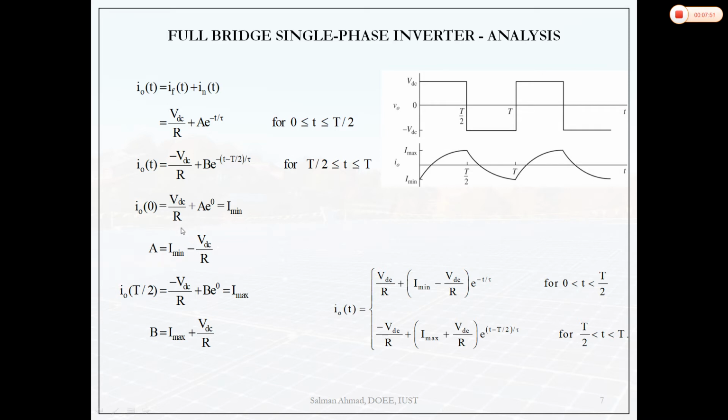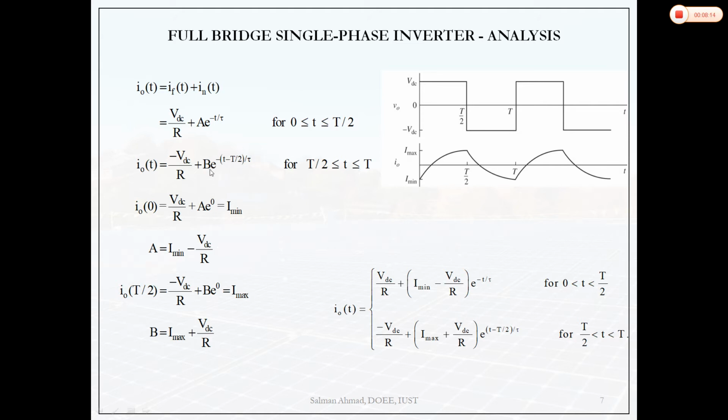Similarly, if we substitute t is equal to T by 2 in this expression, I is equal to I max in that case. So again minus VDC upon R plus B, and if we substitute t is equal to T by 2, this exponent term becomes 0, so the exponential becomes 1.